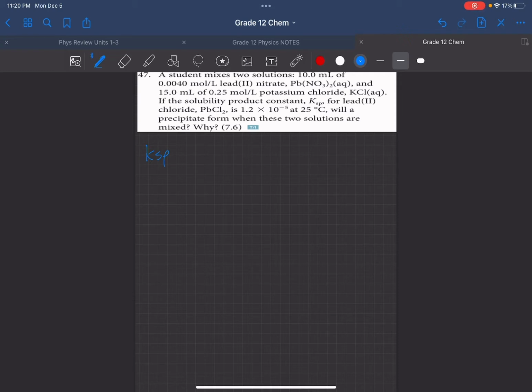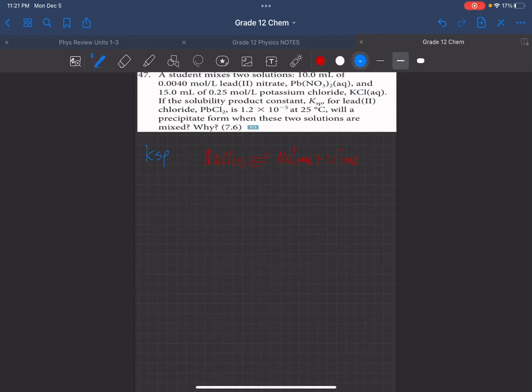So if K was a ratio, then why are we calling it a product constant? Well, let's take NaCl, for example, salt. If we dissociate this, right, we get our Na+ aqueous ions and our Cl- aqueous ions.